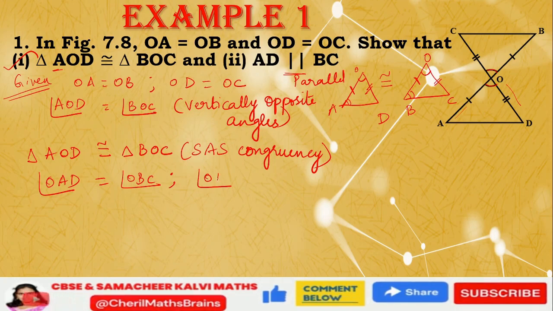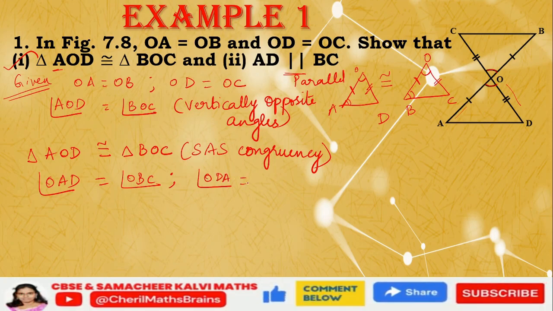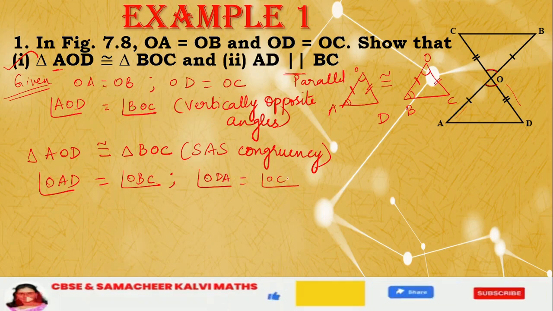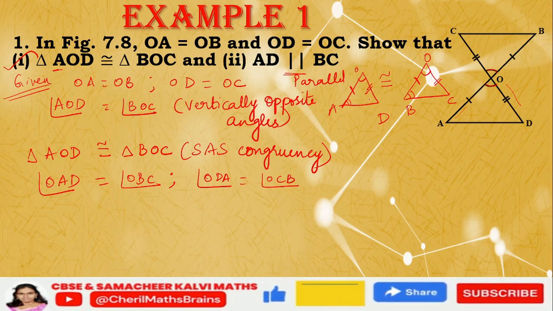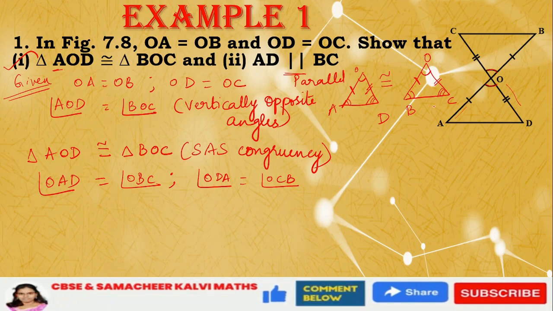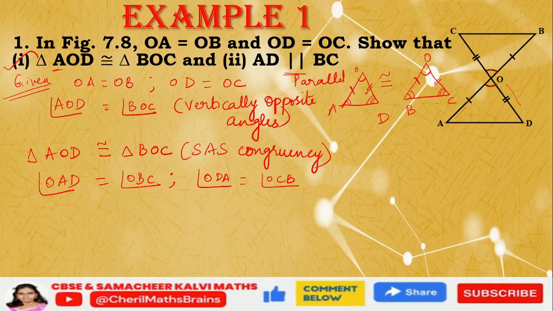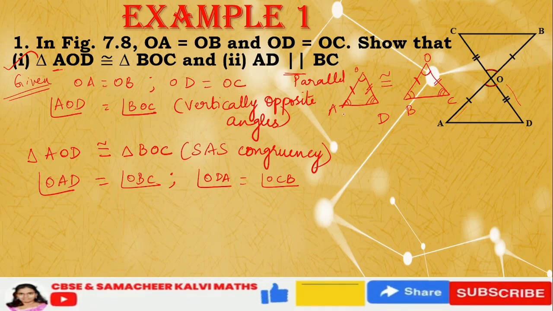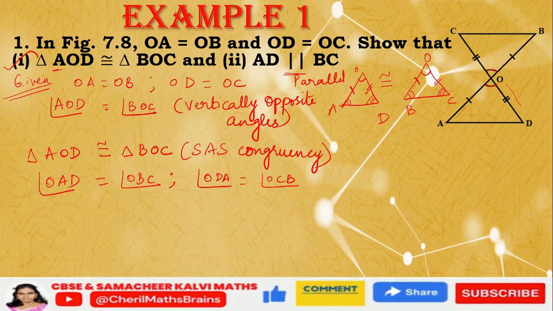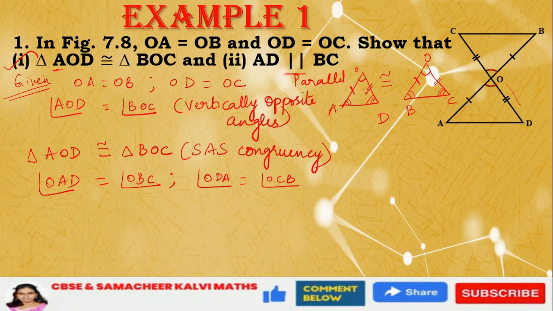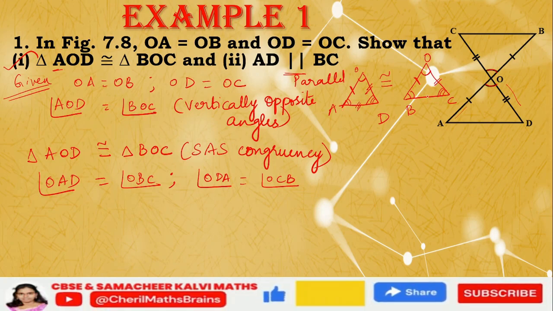Similarly, angle ODA is equal to angle OCB. Because these two triangles are congruent, all the sides and the angles are going to be equal. Likewise, we can also say AD and BC are also equal.